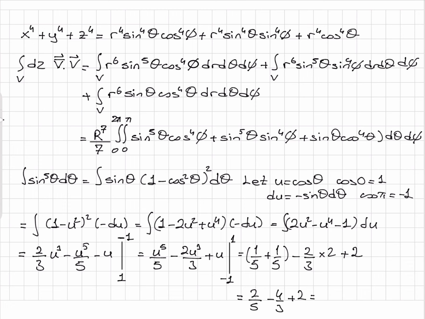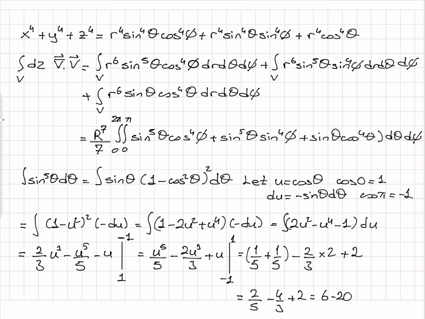Multiplying this by 3, I obtain 6. And multiplying minus 4 by 5, I have 20.